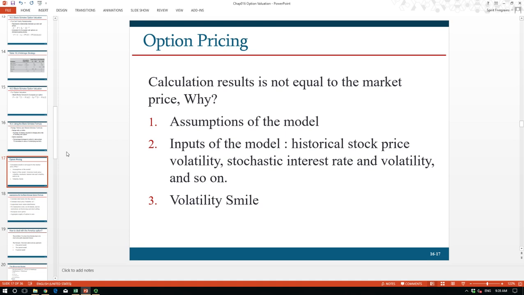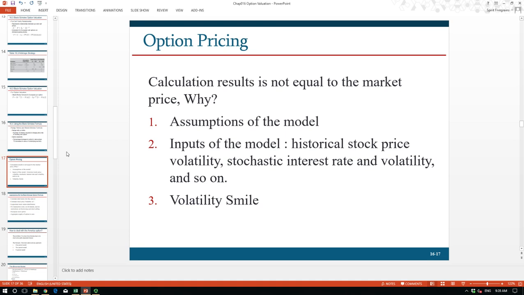Why is that? There are many factors that contribute to the difference between the market price and the one you get from the Black-Scholes formula. And in some cases, the Black-Scholes formula will give you a biased option price. Well, here's why.